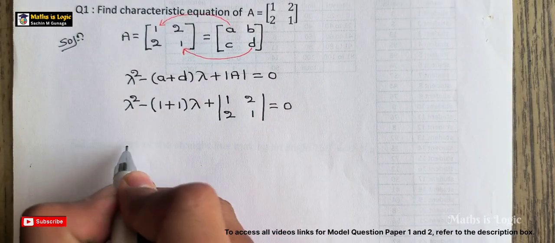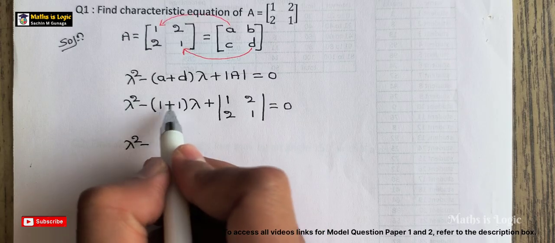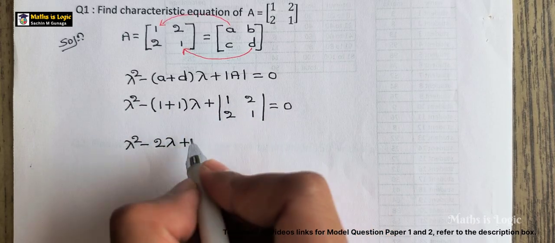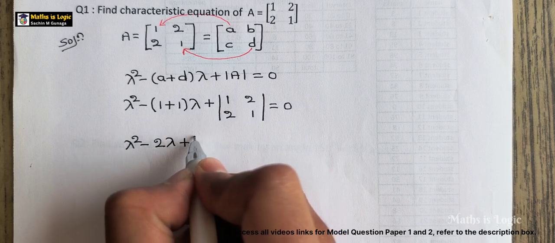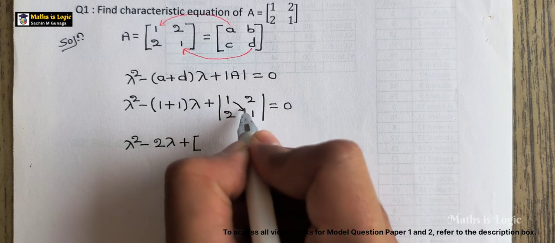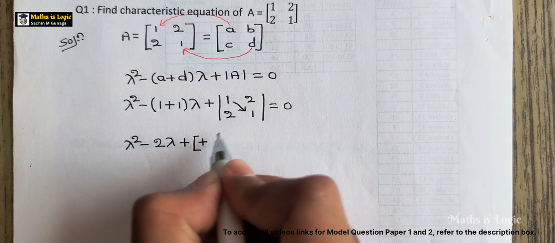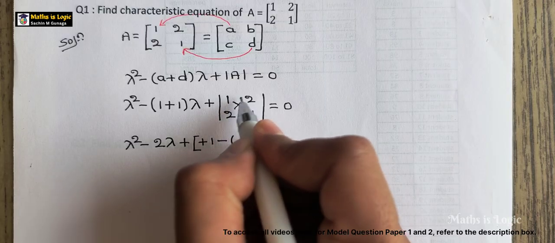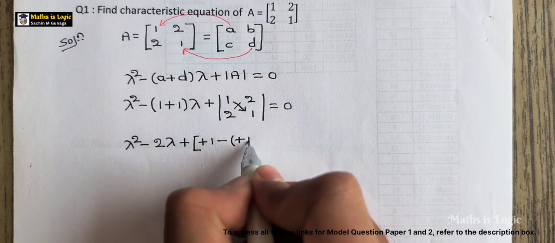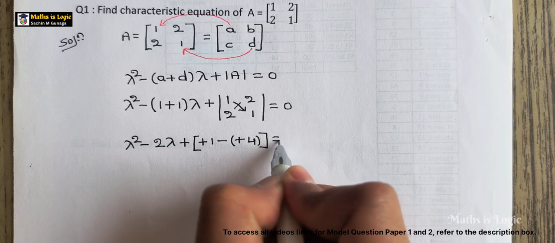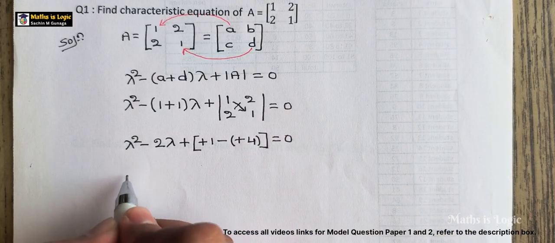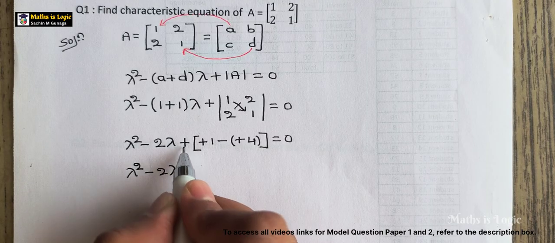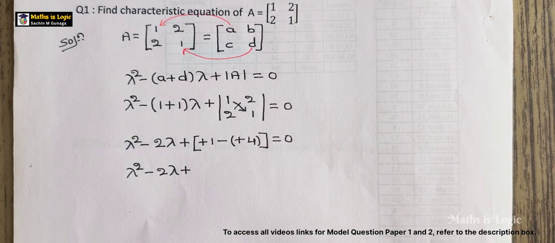Next, lambda square as it is, minus 1 plus 1 is 2 times lambda, plus apply the second order determinant rule. So in bracket, plus into plus is plus, 1 into 1 is 1, middle minus sign, again in bracket plus into plus is plus, 2 into 2 is 4. Close the bracket, which is equal to 0. Next, keep this lambda square as it is, minus 2 lambda as it is, and the plus sign also keep it as it is.